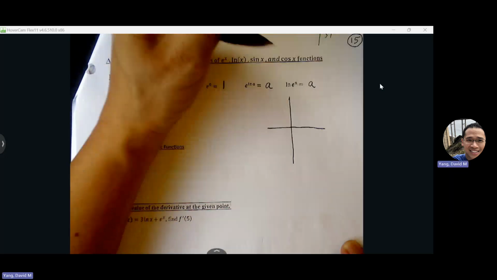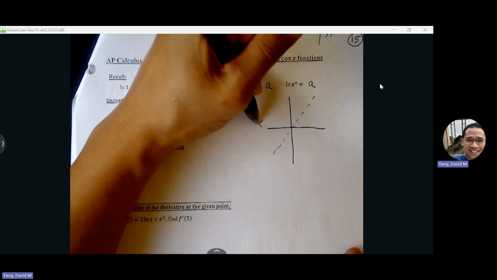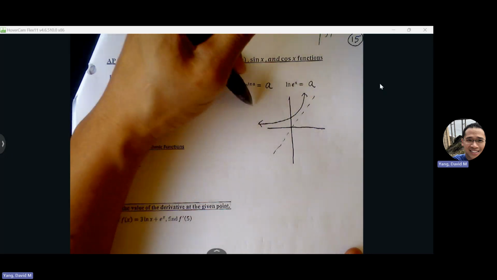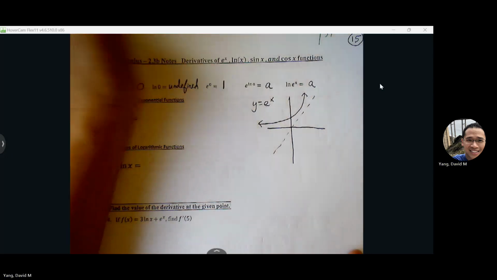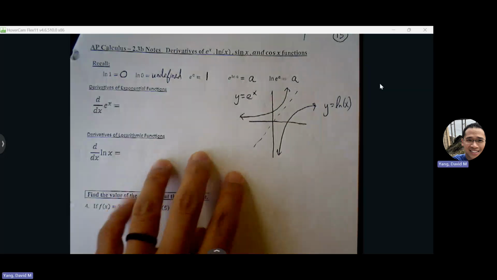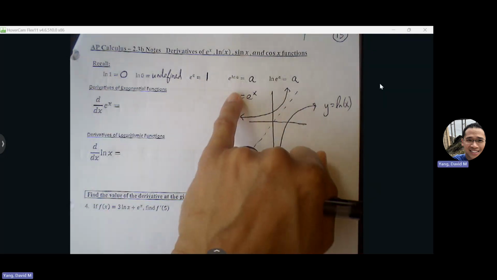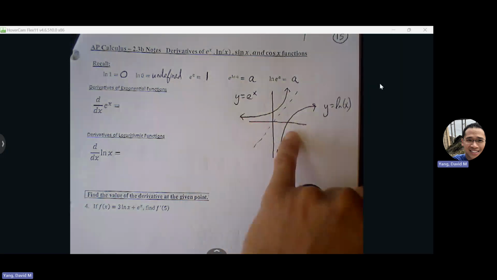So the big picture is that natural log and exponential functions are inverses of each other. So e to the x looks something like this, and the natural log of x looks something like this. They're always going to be inverses of each other, which means an ordered pair on one will be the flip-flop version on the other.